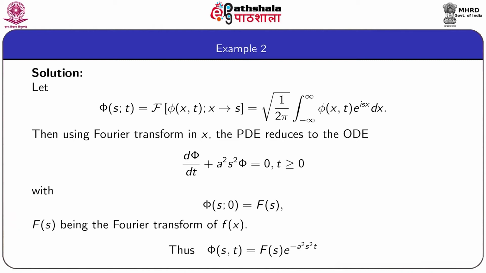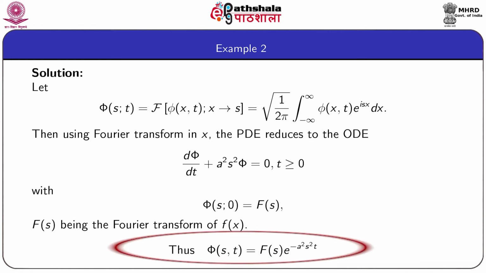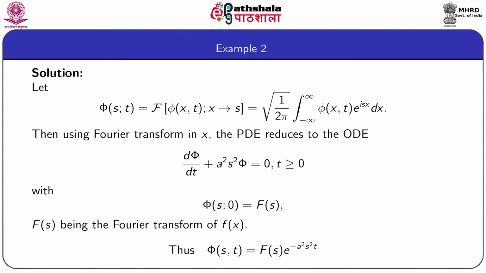Thus, using this condition at t equal to 0 and solving the ordinary differential equation for capital Phi, we obtain capital Phi(s,t) equal to capital Fs e to the power minus a square s square t.